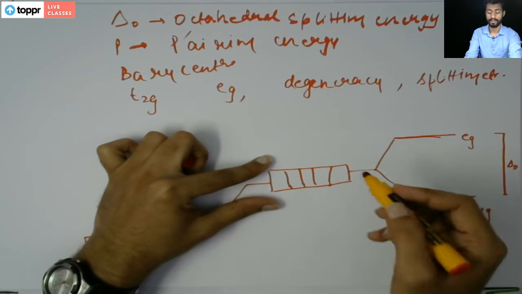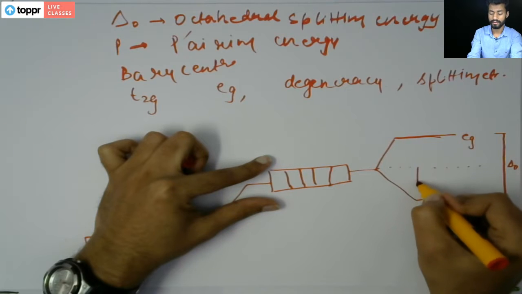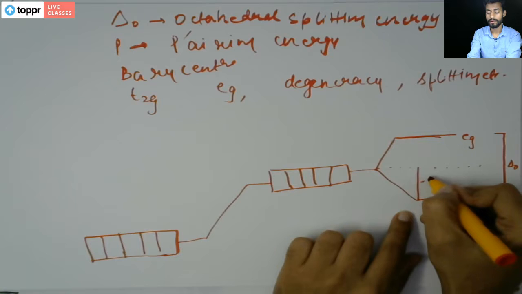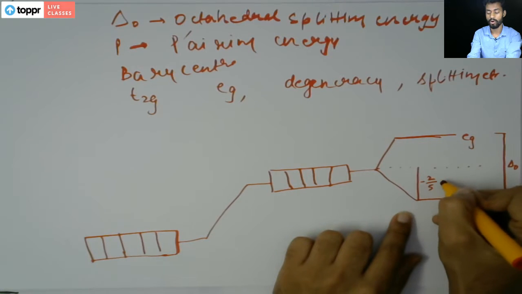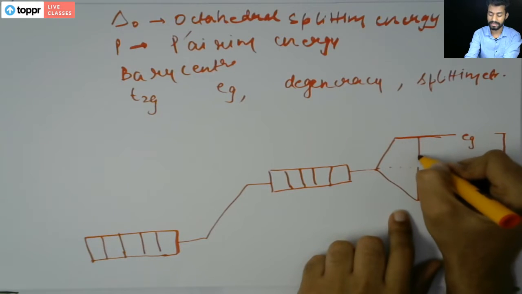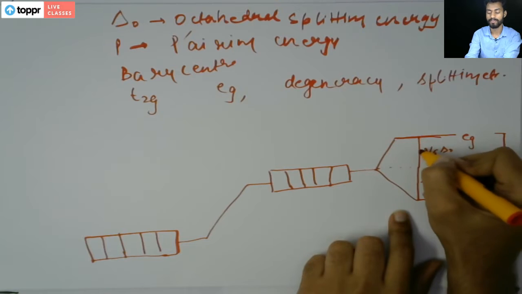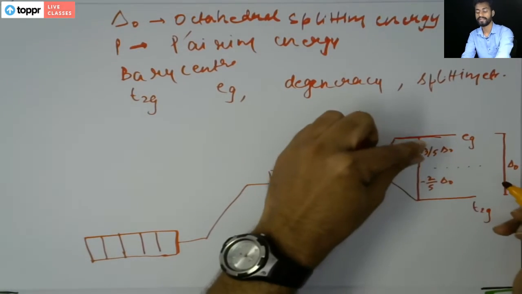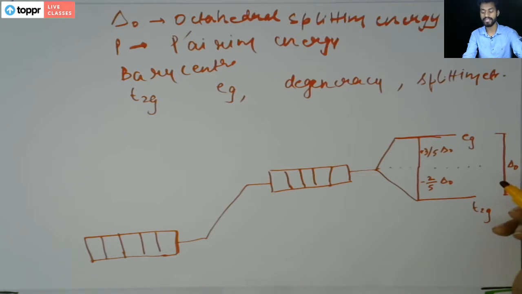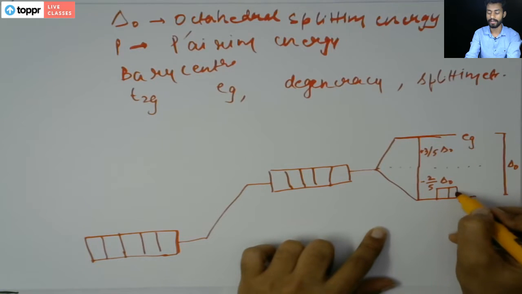The value of T2g orbitals will decrease by 2/5 of the octahedral splitting energy, and the value of Eg orbitals will increase by 3/5 of the splitting energy. The positive sign represents the increase in energy and the negative sign represents the decrease in energy.